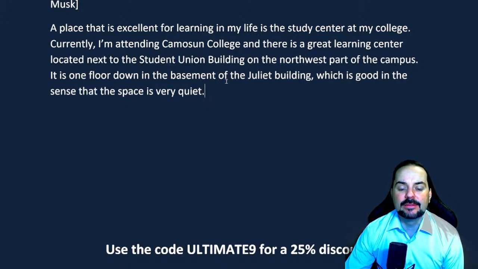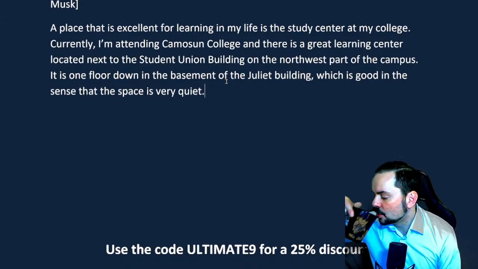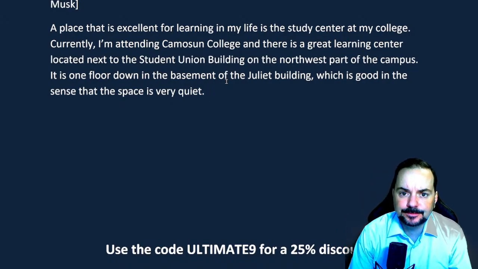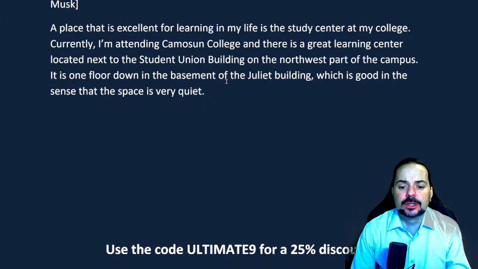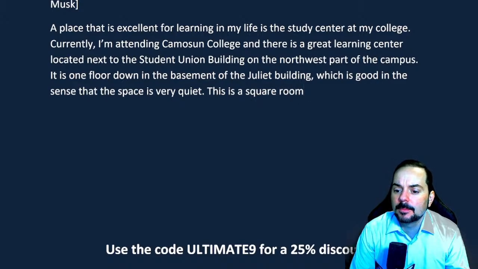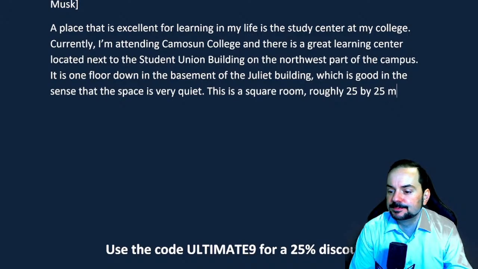So now I have that basement level. Now I want to write about the appearance. So what does it look like? Okay, so this is a square room, roughly 25 by 25 meters.